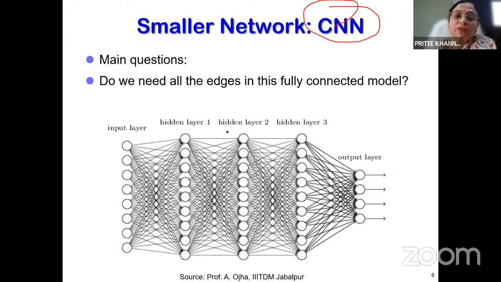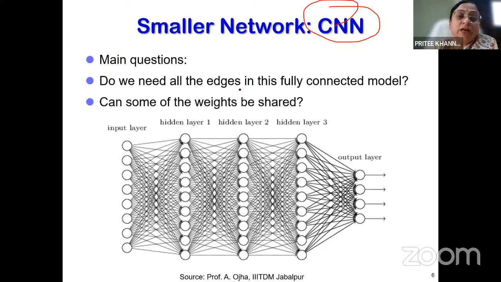First, when we see this network, we want to know whether we need all these edges as shown in the fully connected model. Also, at every layer weights are there, so is it possible to share some weights? If we can answer this question, then we can have a smaller network, right?